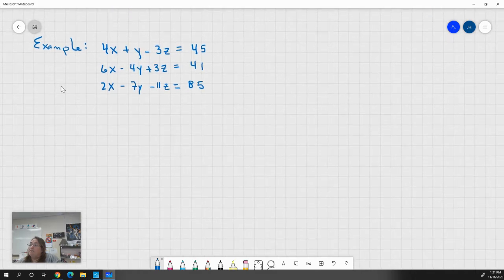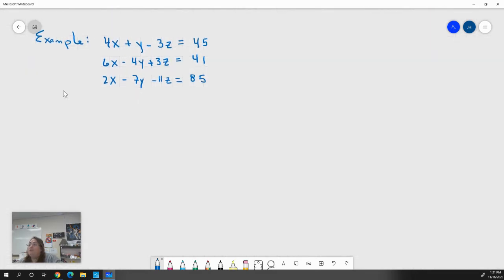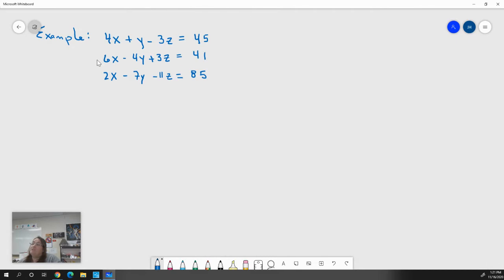So here is an example problem, right? We have a three variable system. Notice there are three equations. I have to have three equations if I have three variables, if I want to solve this. So we have 4x plus y minus 3z equals 45. We have 6x minus 4y plus 3z equals 41.